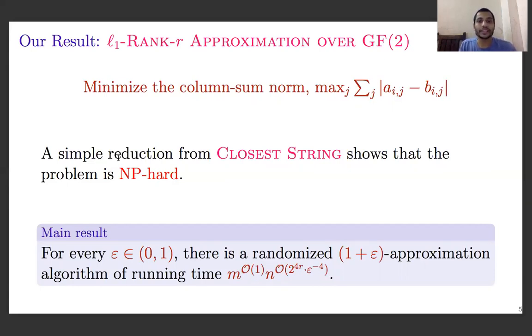A simple reduction from closest string shows that the problem is NP hard. And our main result is the following. This problem admits an approximation scheme, that is, a randomized 1 plus epsilon approximation algorithm running in time m to the order 1 and n to the order of a function of r and epsilon.